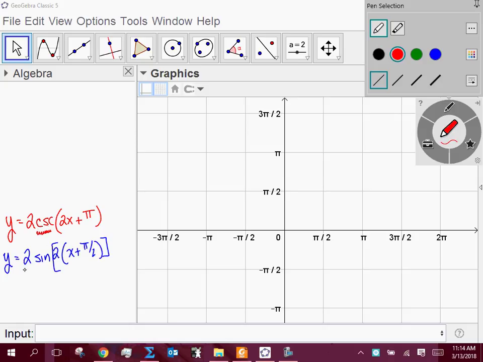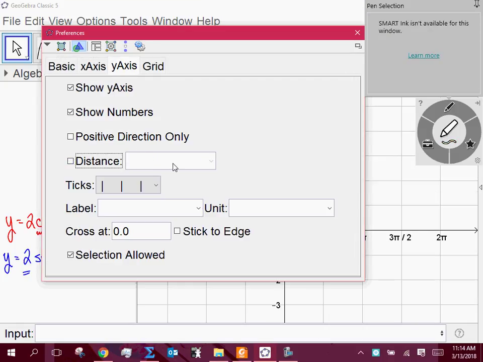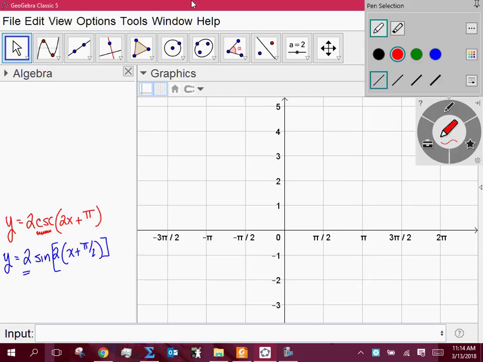As we do this, obviously that's going to be your amplitude. So my x-axis and my y-axis, let me fix that and put that back into integers. My y value for the sine is going to go from -2 to +2. That's my amplitude. The sine starts here.